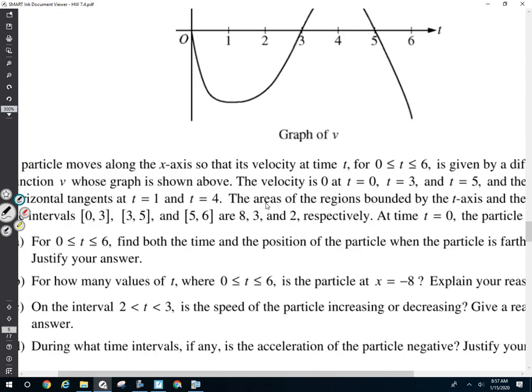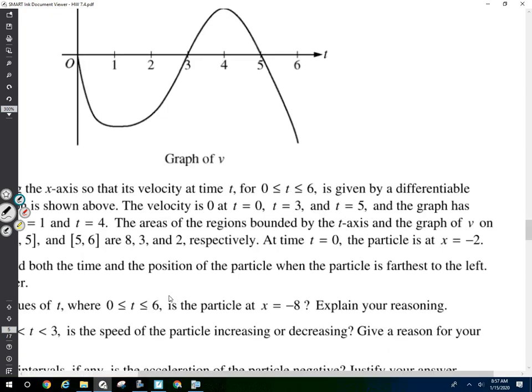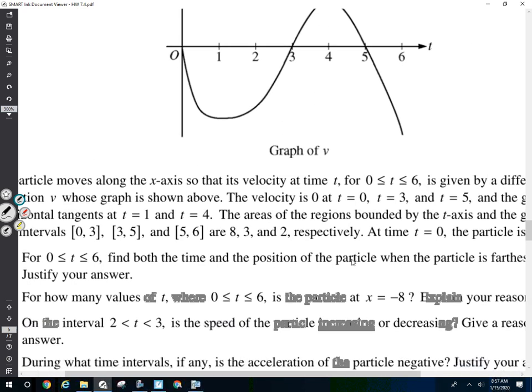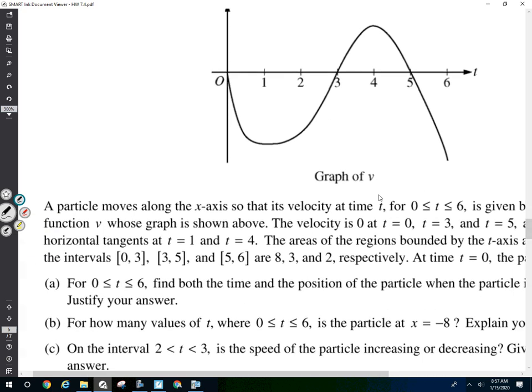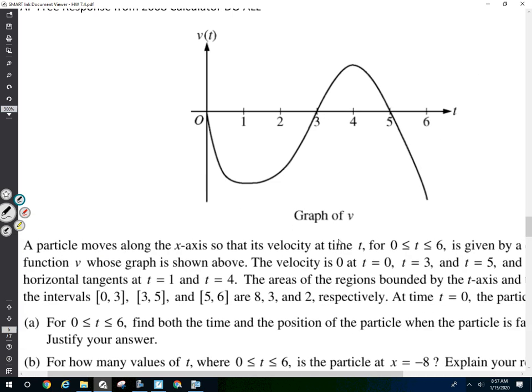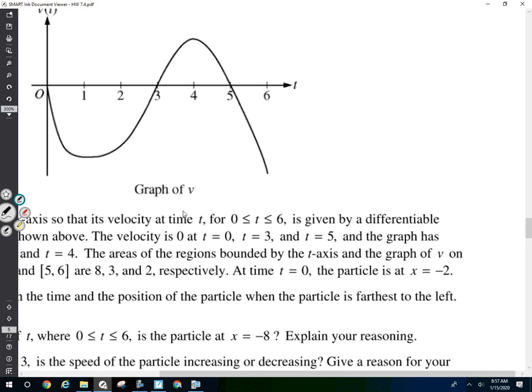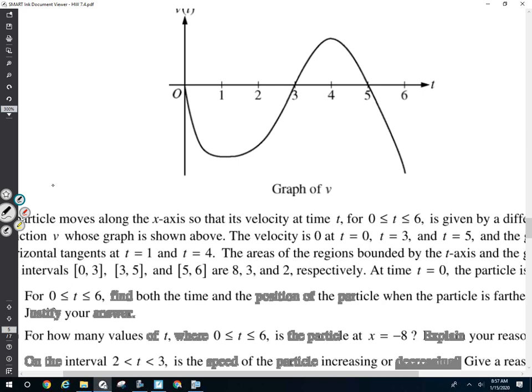All right, I'll give you a graph of velocity. Okay, so here's the graph of velocity. Velocity at 0, 3, and 5. Okay, 0, 3, 5. The graph has horizontal tangents at 1 and at 4. Okay, thank you. The areas of the regions are 8, 3, and 2. So from 0 to 3, they say the area is 8. We know we're going to consider that negative 8. That means I'm moving to the left 8.